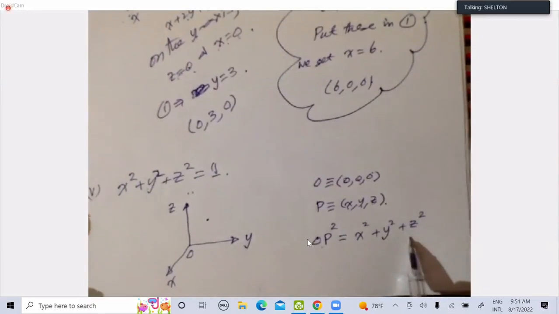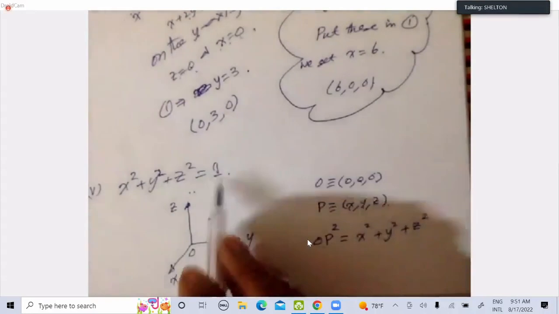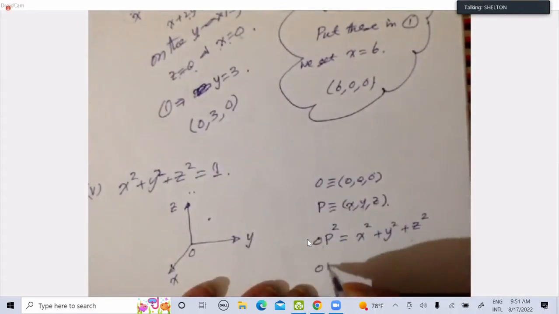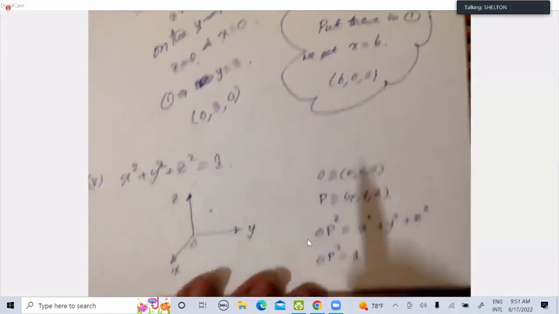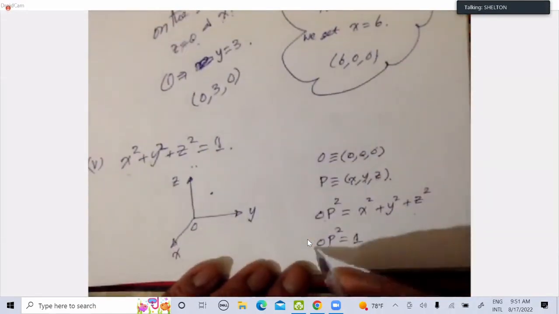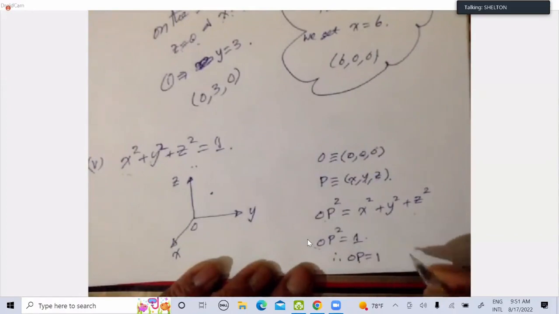Now, what do we want? We know if P is on this, OP squared is equal to 1. If P is on this, we are saying x squared plus y squared plus z squared is 1. OP squared is 1. OP is a distance. Therefore, OP is plus or minus 1, but we take 1 because OP is a distance.